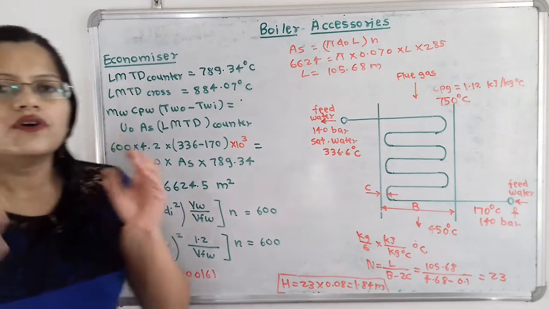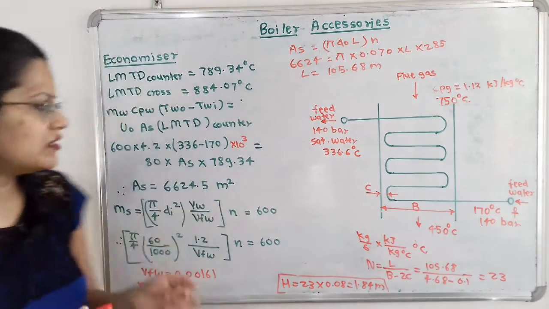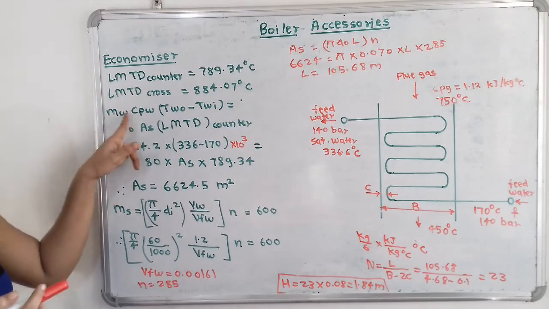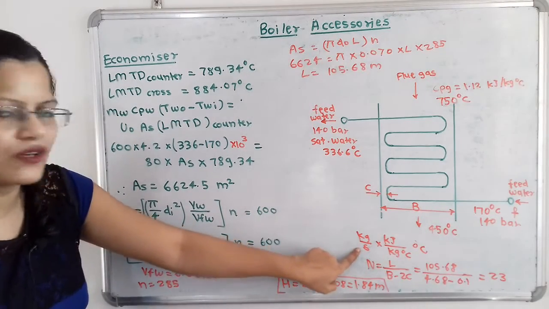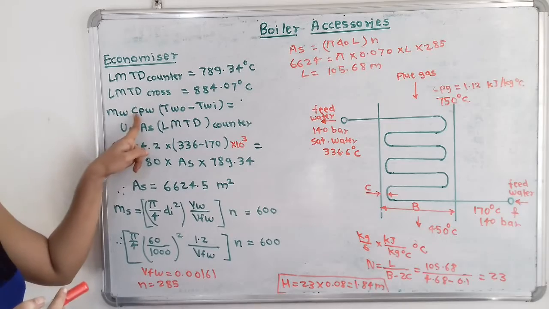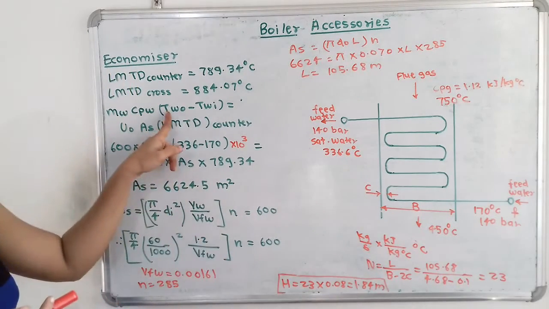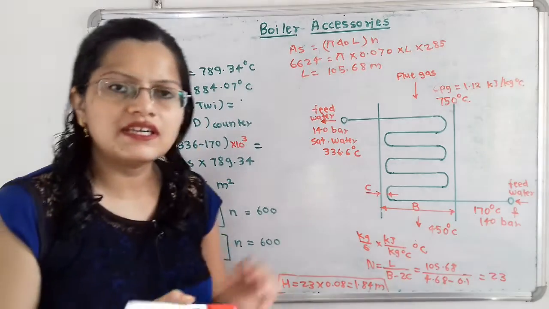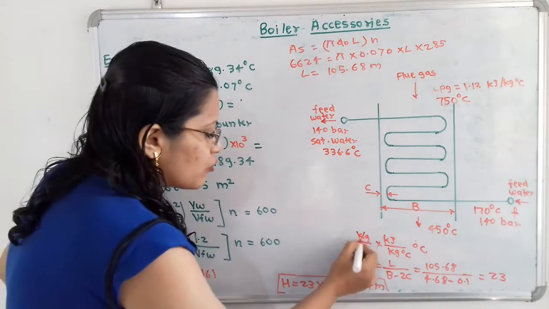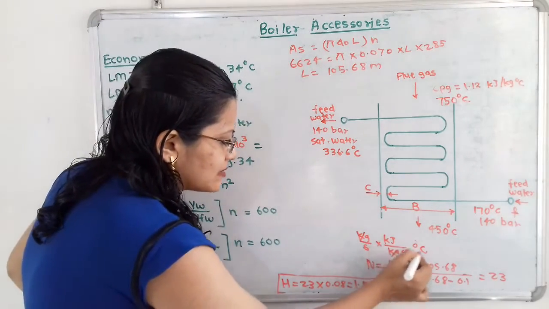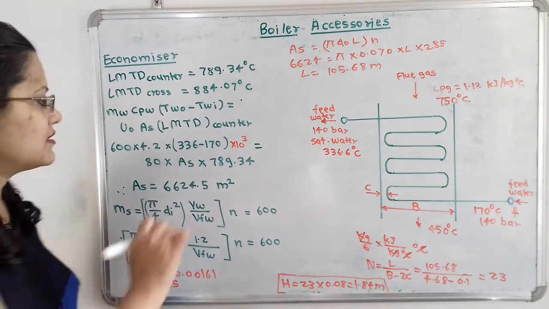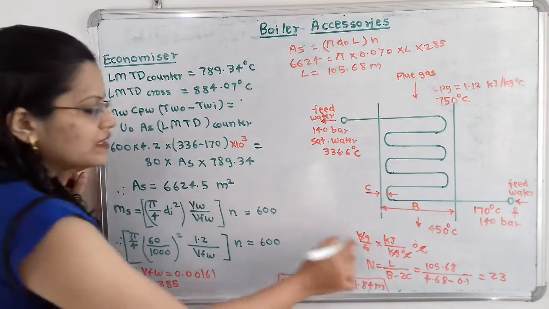Now how we can decide the unit? So here this 600, that is mass flow rate, is given in kilogram per second. Then specific heat is given in kilojoule per kilogram degree Celsius, and this temperature difference is in degree Celsius. So this kilogram is getting cancelled, this degree Celsius is getting cancelled. So what is the unit?